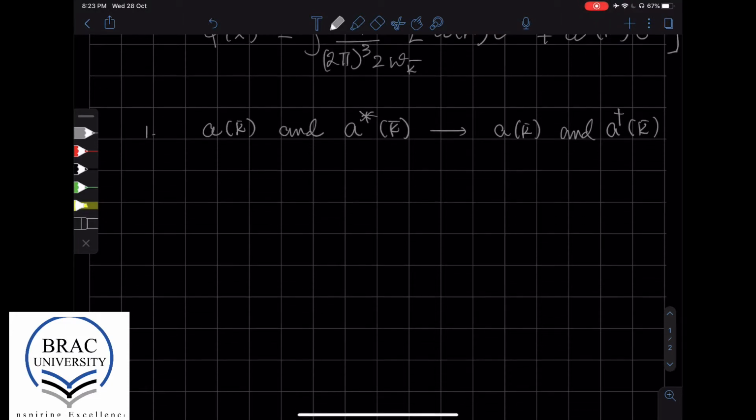This was the first thing we did, and then we imposed on A and A dagger a generalization of the commutation relationship that we impose on the creation and annihilation operators for the harmonic oscillator.